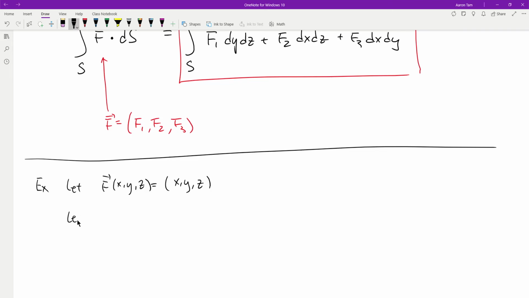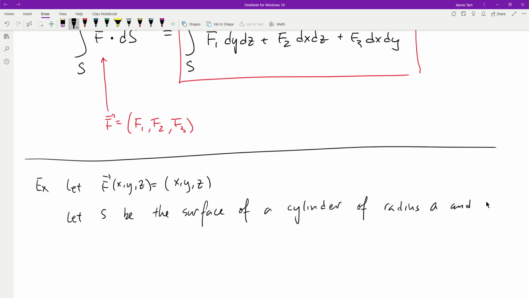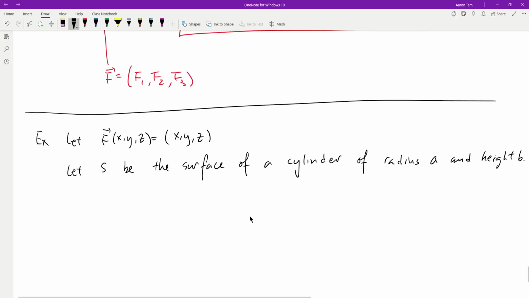And I'm going to let S be the surface of a cylinder of radius A and height B. And we are going to orient all the perpendicular or normal vectors to be pointing outward from the cylinder.